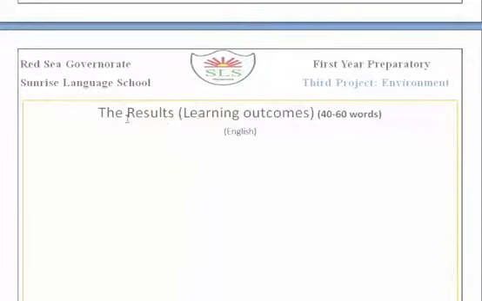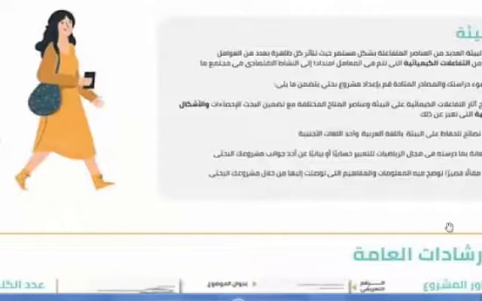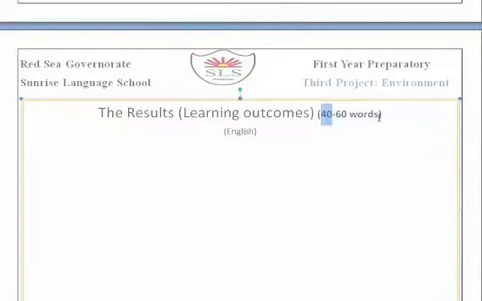The results or learning outcomes should be 40 to 60 words. If you want to write more, no problem, but not less than 40. So again, pay attention: write a short essay to explain the information and concepts attained through your research, in the learning outcomes, which is in English.